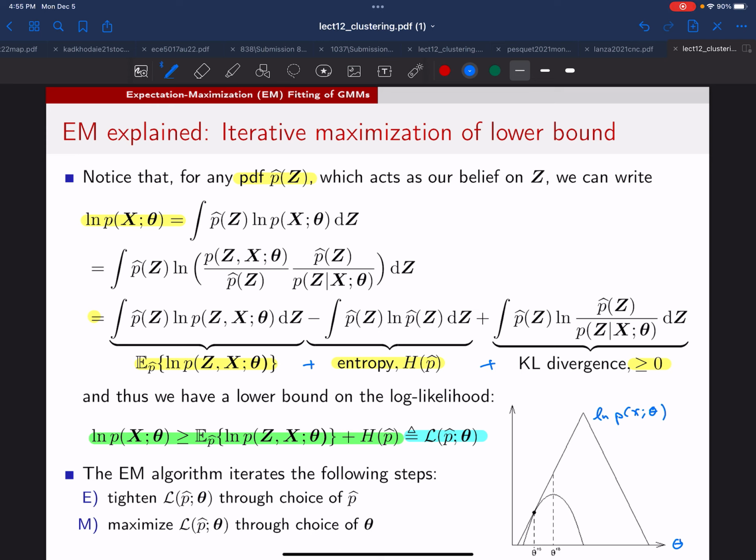So this is going to be our L of p-hat at theta. I'll call this theta 1. So that first theta is theta 1 over here. Okay, and so that's the E step, is we figure out this lower bound.